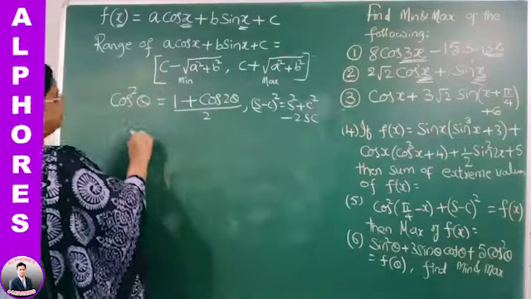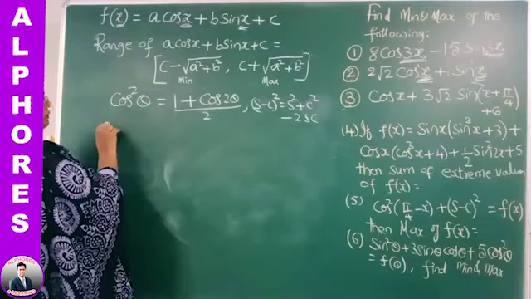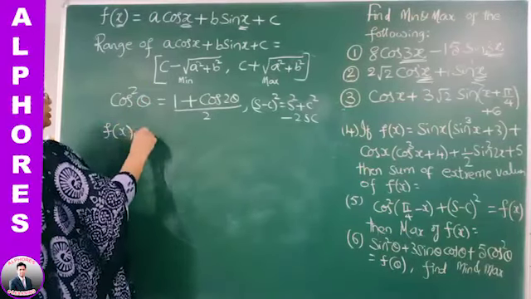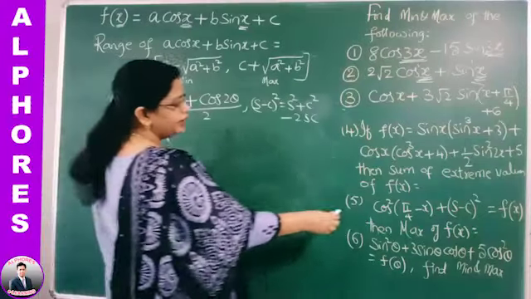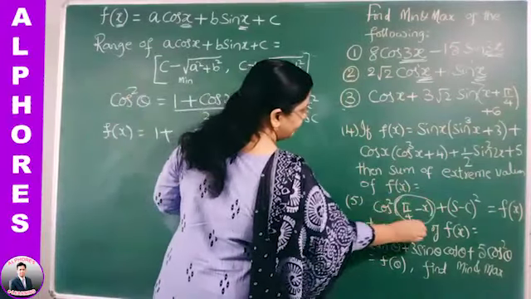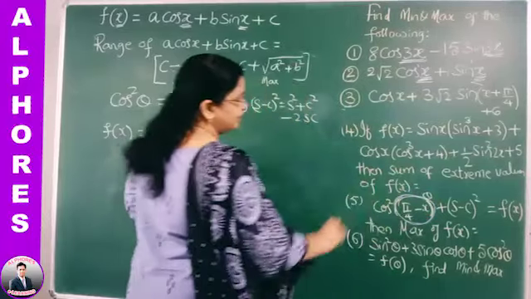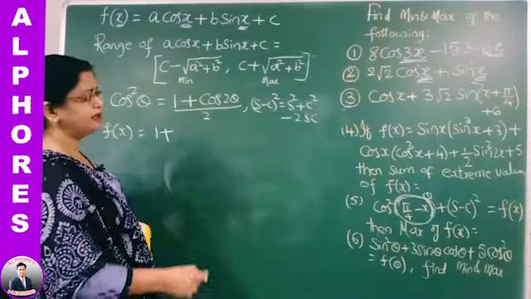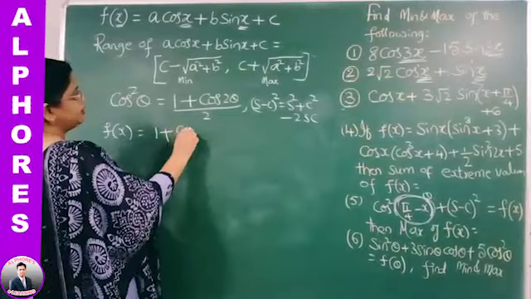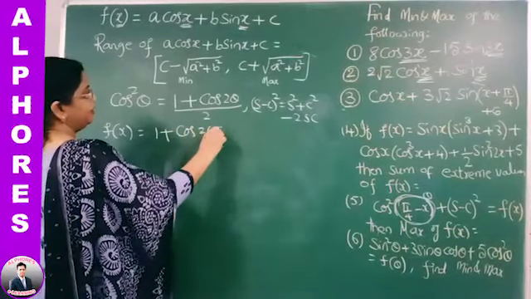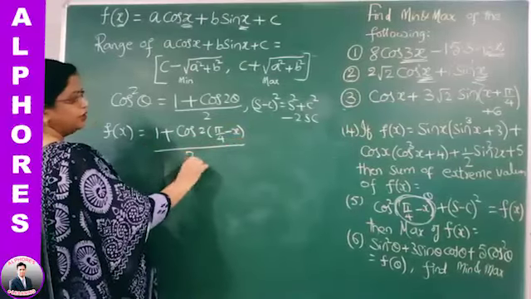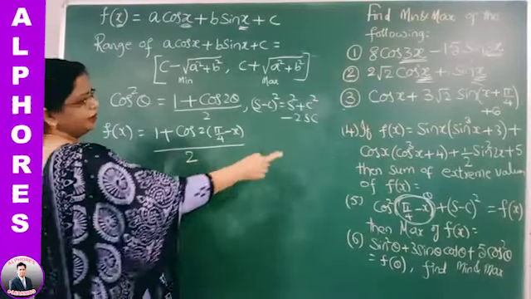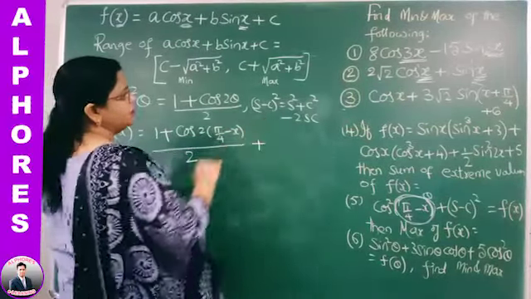So I am writing the given problem as, suppose f of x is equal to 1 plus, and in terms of theta, this entire value is your theta. So 1 plus cos 2 into pi by 4 minus x whole divided by 2. Understand? And next sin minus cos whole square.